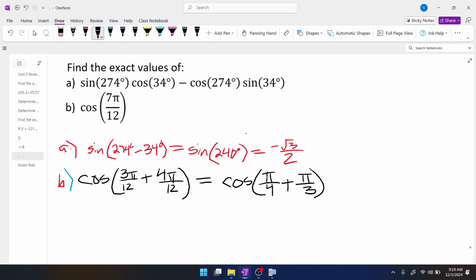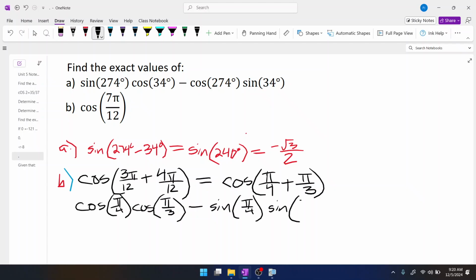Cosine of alpha plus beta, you can literally just do cosine of pi over 4 times cosine of pi over 3, and it'll be minus sine of pi over 4 sine of pi over 3. All right, so cosine of pi over 4 is root 2 over 2.